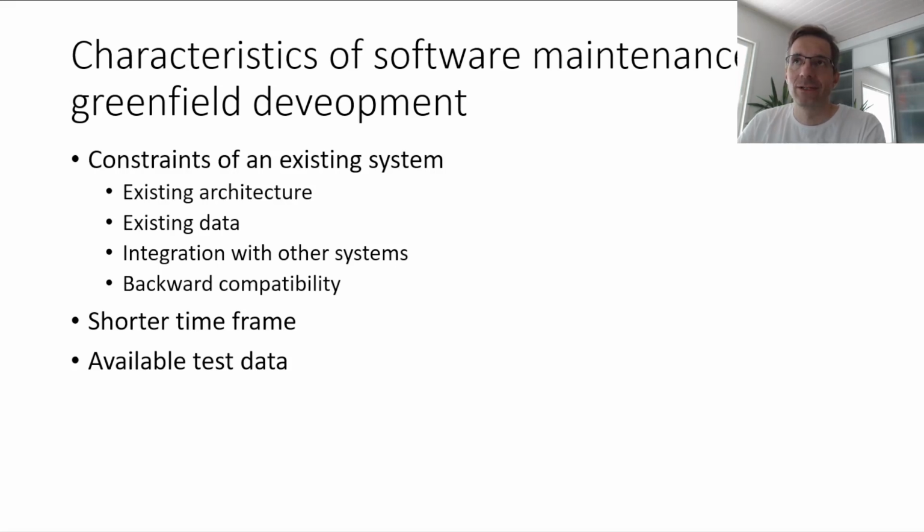With existing architecture, it is also extremely likely that there is existing data in the existing system. This implies certain database schema for storing and accessing it, and therefore more effort is required when one wants to, for example, change the existing schema, as one has to ensure backward compatibility.